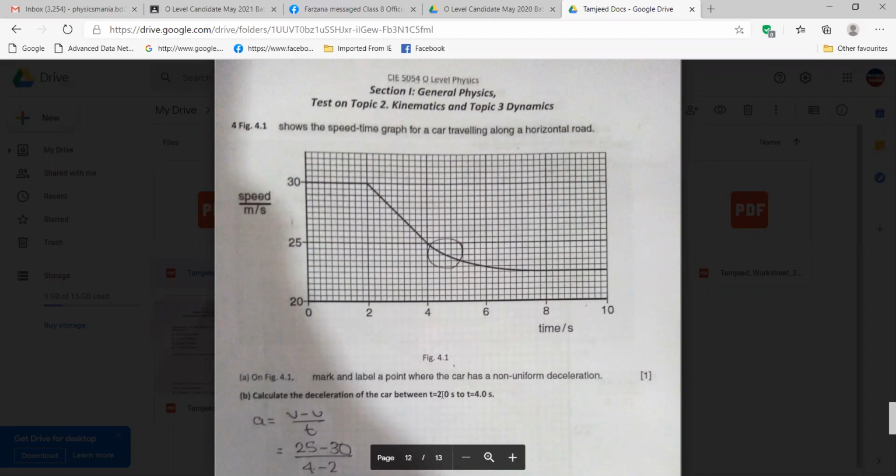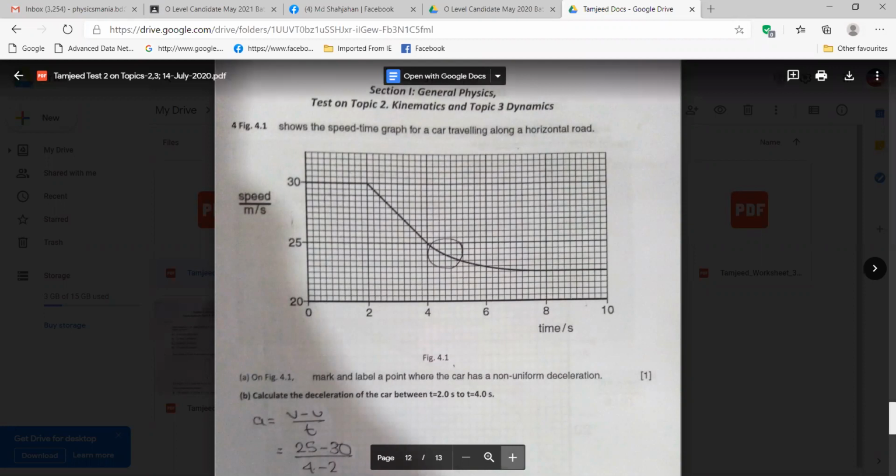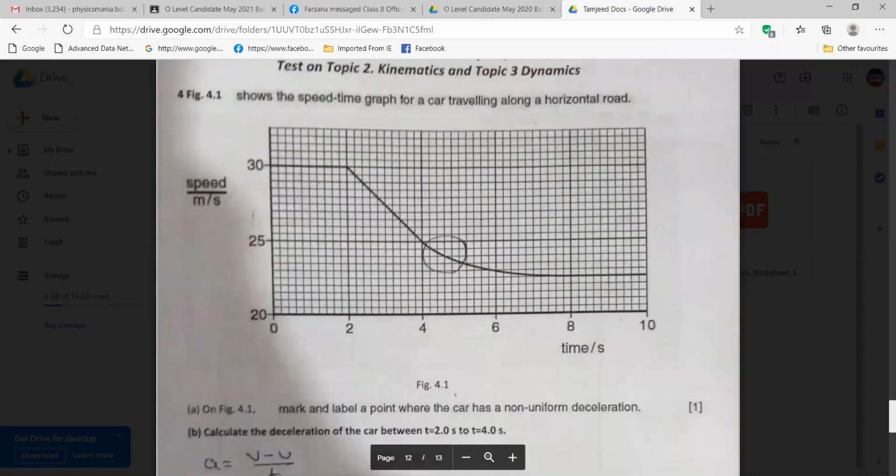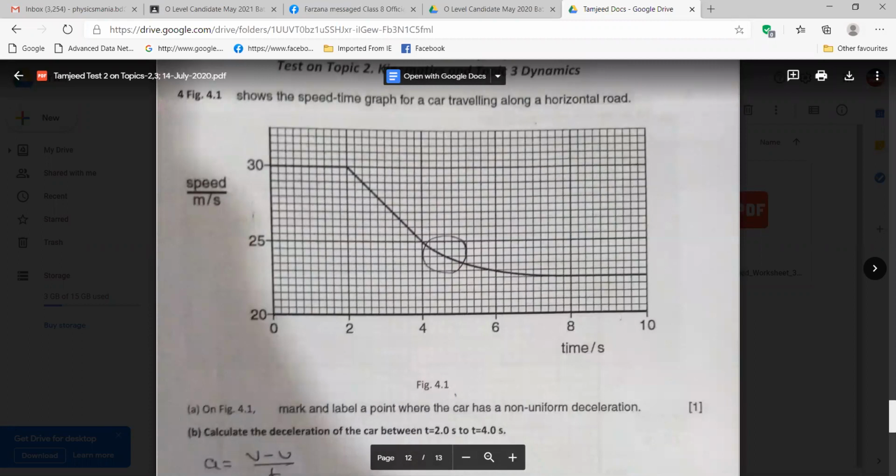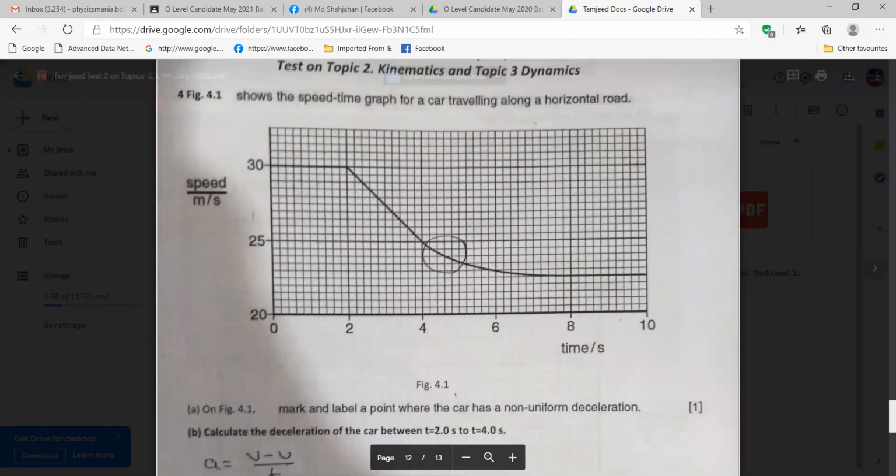You see A. What's written there? Can you read? Mark and label a point where the car has a non-uniform deceleration. So your marking is fine, but you did not label it. Oh, mark and label.